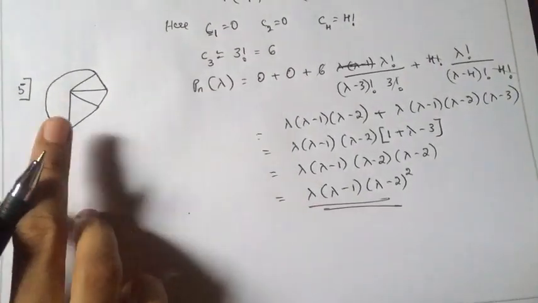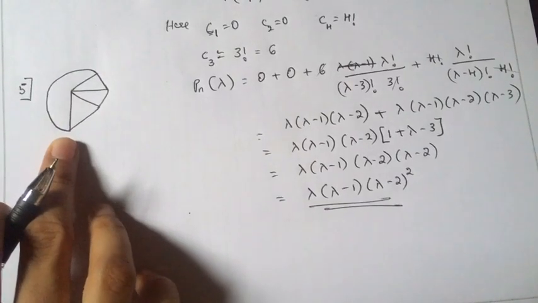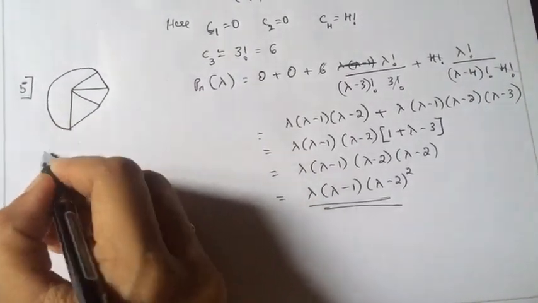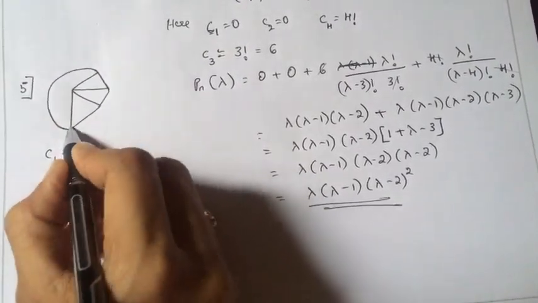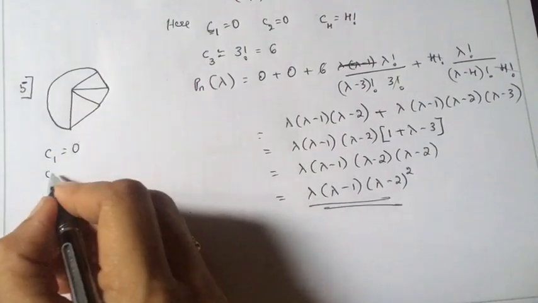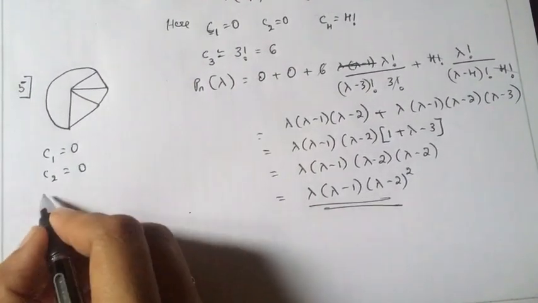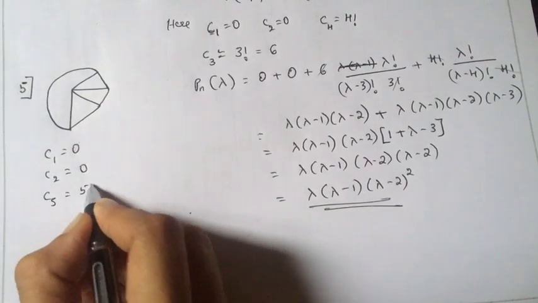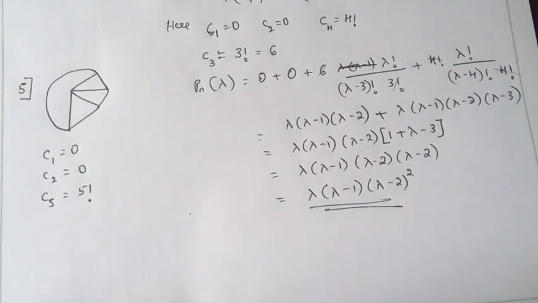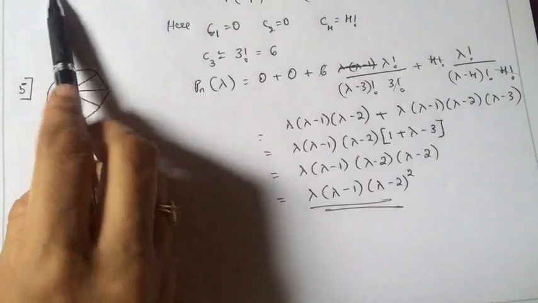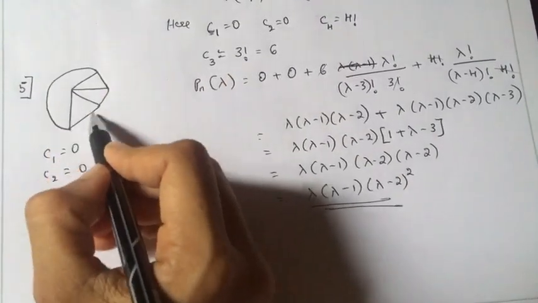In the same manner for this graph, see c1 will be 0. I cannot color it with one color. Similarly with two colors I cannot. c2 is 0, and I know c5 is 5 factorial. To get c3, the same as this, I have a triangle everywhere.